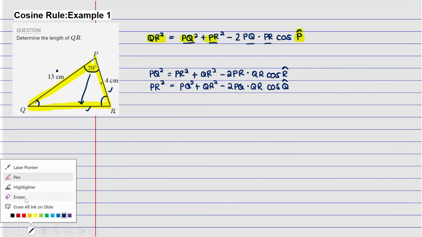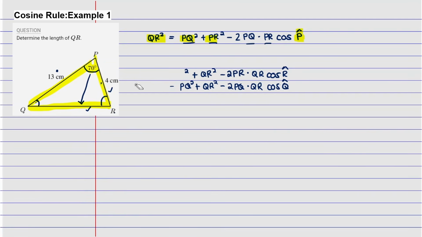So with that said, now we can answer this question. In our case, they're looking for this side, and the angle that's opposite to it is P. That is why we have QR and P as the angle. So now let's fill in the information, because we have all of it. We know QR is what we're looking for.